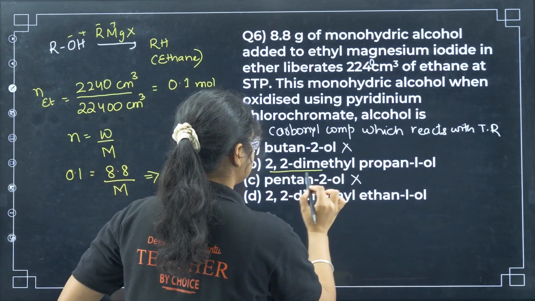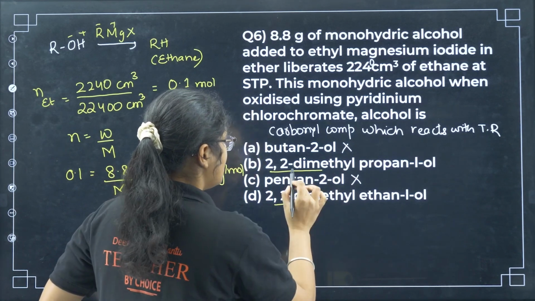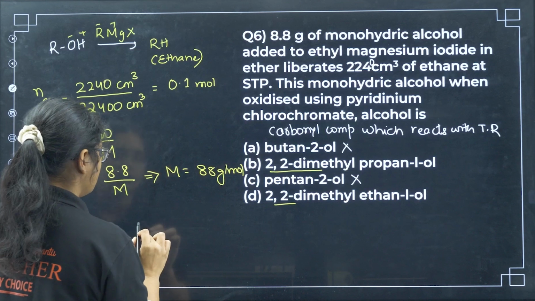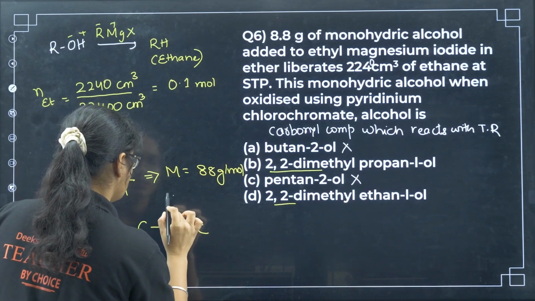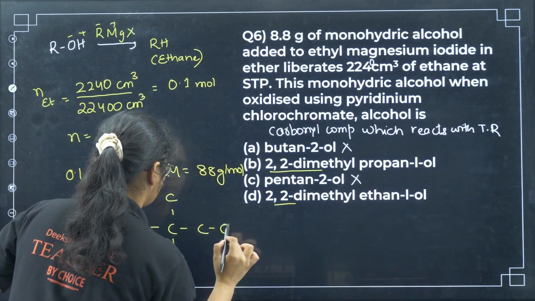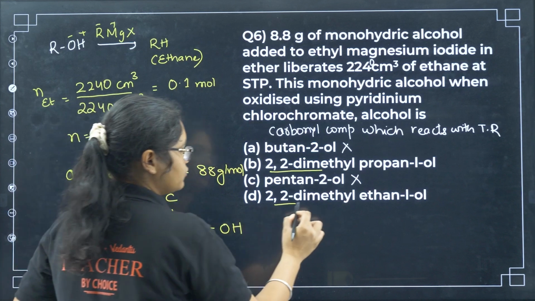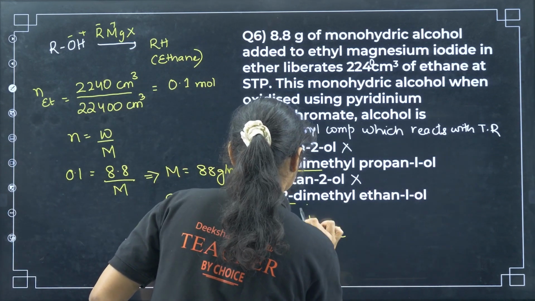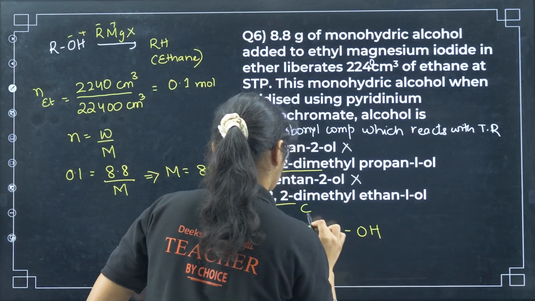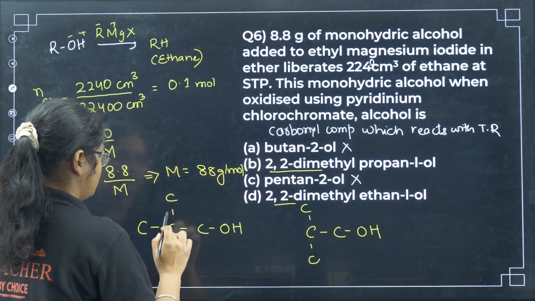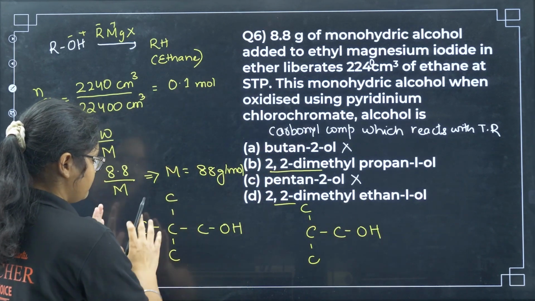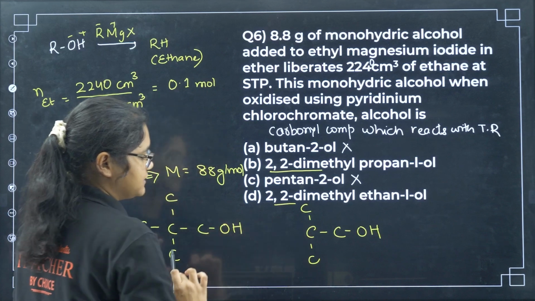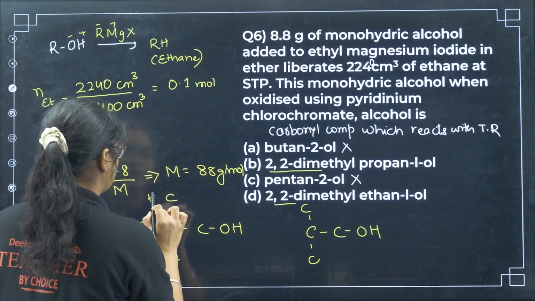You have to check these two options and their masses. 2,2-dimethyl propan-1-ol, and I have 2,2-dimethyl ethan-1-ol. So I have 5 carbons here and I have 4 carbons here, and the molar mass should be 88.